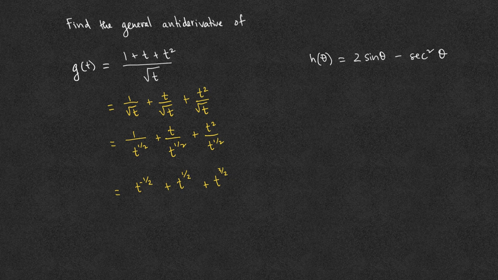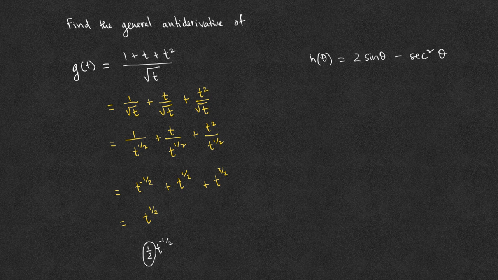Now that we have three separate terms, we find the antiderivative of each of the terms. The antiderivative of t to the negative 1/2 is t to the 1/2. But if we check this, the derivative of t to the 1/2 is 1 over 2 t to the negative 1/2.